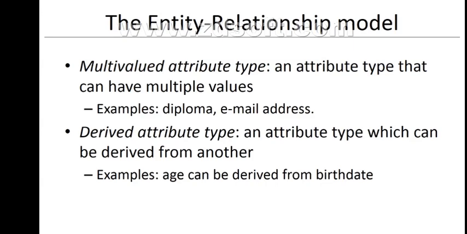Diploma can be a multivalued attribute type of the student entity type in case the student can have multiple diplomas. Likewise, email address can be a multivalued attribute type in case a supplier can have multiple email addresses. A derived attribute type is an attribute type which can be derived from another. Age is a derived attribute type since it can be derived from birth date.